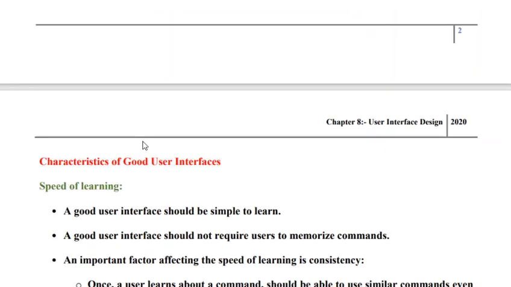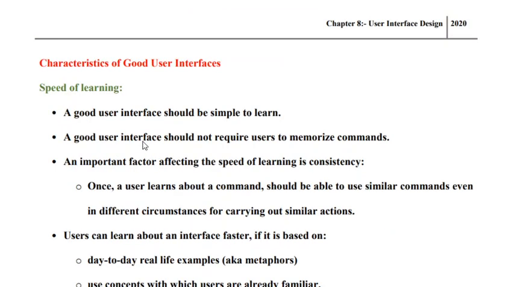So let us try to understand some of the goodness characteristics that a software user interface should exhibit. The first goodness criterion is speed of learning. A good user interface should be very simple and easy to learn.